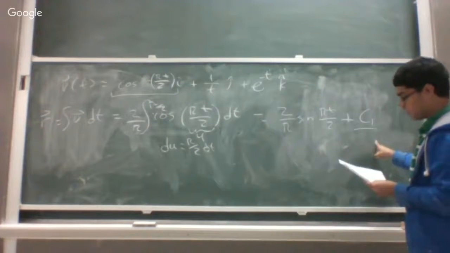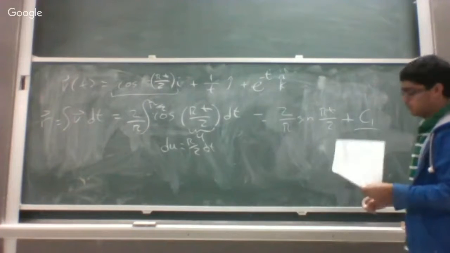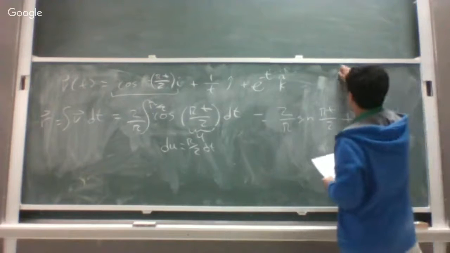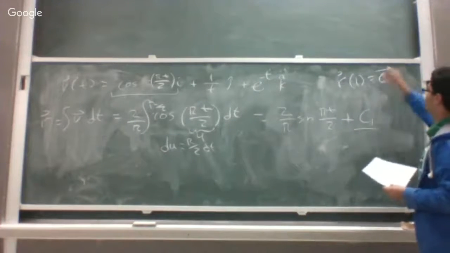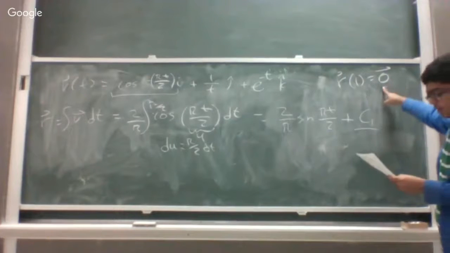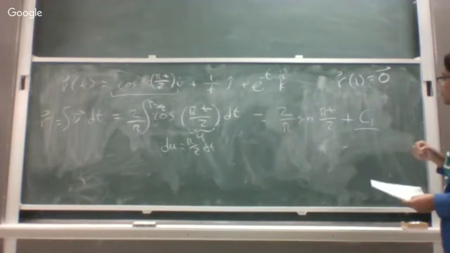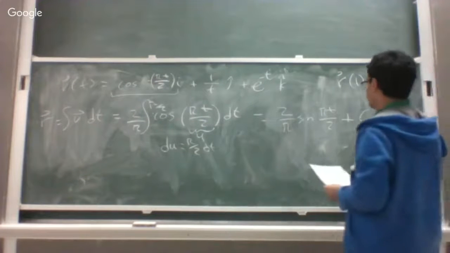The way you figure that out is because they tell us r of 1 is equal to 0 as a vector. So this means that it's 0i, 0j, 0k.